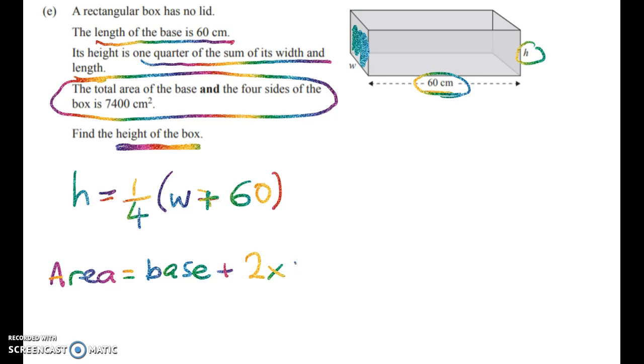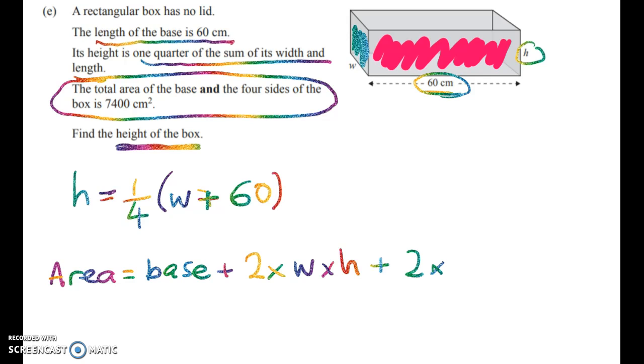So they are the width times the height, and then there are going to be 2 lots of this face here. So it's going to be 2 lots of 60 times h.